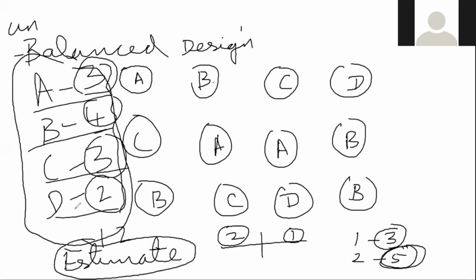So in this case, B will be estimated at a high level because it has 4 replicates, 4 observations. Similarly, D has only 2 replicates, so its estimation is very poor. What does this estimation mean?